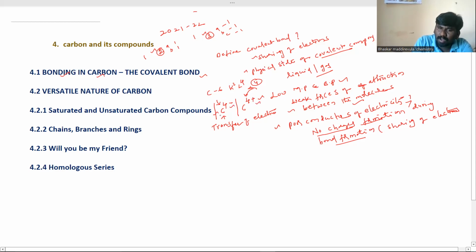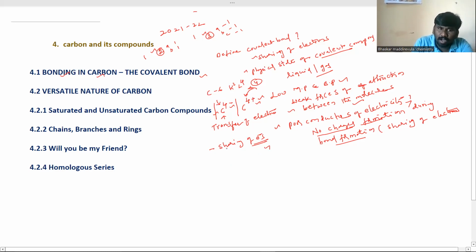So carbon always forms bonds by the sharing of electrons. That you have to keep in mind. By the sharing of electrons, it can make a bond.